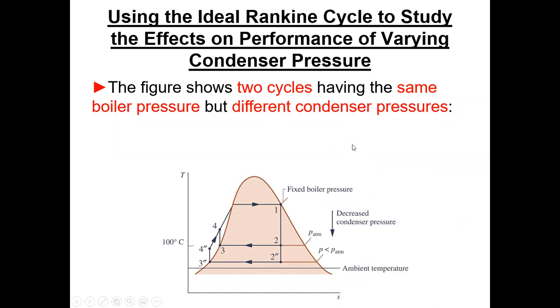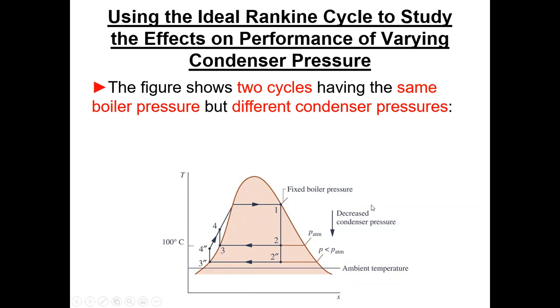Using the ideal Rankine cycle to study the effects on performance of varying condenser pressure. Okay, so now we go through these kinds of thought processes of thinking what would happen if we could make some of these changes. The figure shows two cycles having the same boiler pressure but different condenser pressures.